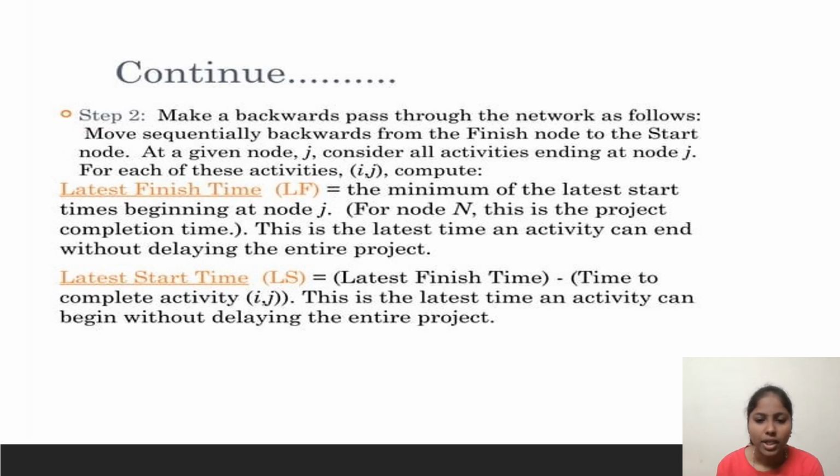At a given node J, consider all activities ending at node J. Then for each of these activities I, J, compute the latest finish time LF, the minimum of the latest start times of activities beginning at node J. This is the latest time an activity can end without delaying the entire project. Then the latest start time is the latest finish time minus the time to complete activity I, J. This is the latest time an activity can begin without delaying the entire project.